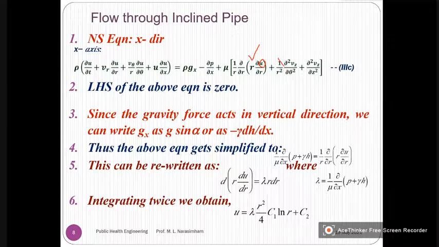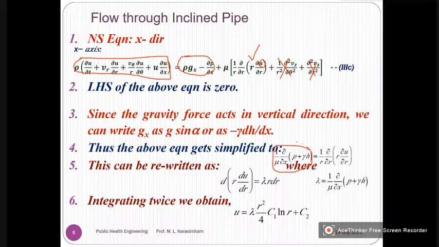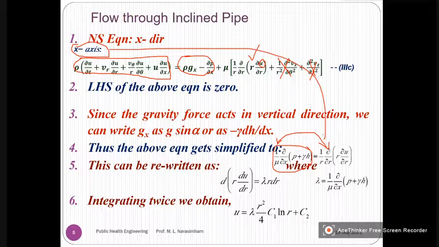So this is 0, this is 0, this entire thing is 0, and this we have combined to this term. Therefore, you will be left with this. Your x direction equation will be this one. So the remaining steps are very clear.